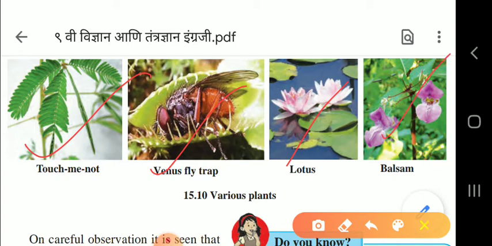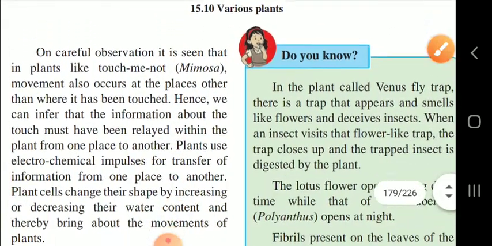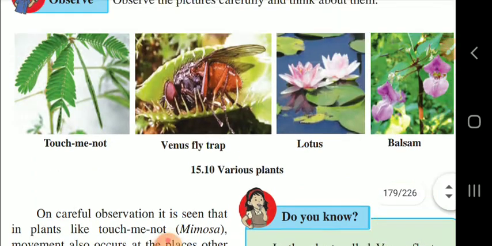All these movements you can see here, in various flower plants. So now, on careful observation, if you look at Mimosa pudica, that I have already shown you, children, here you can see the first one I have shown you, the mimosa.